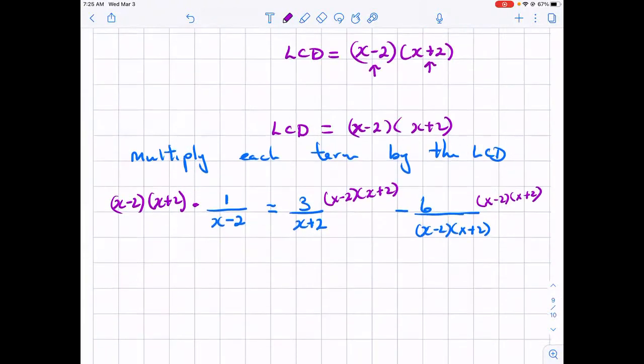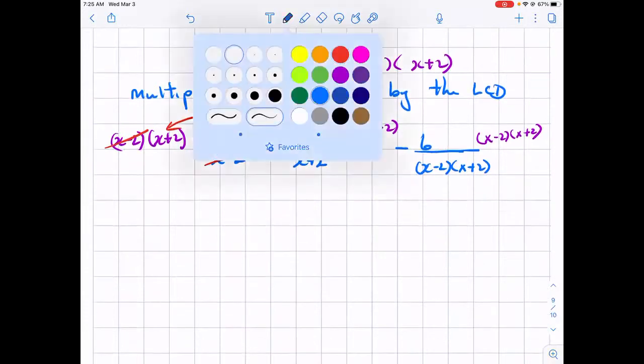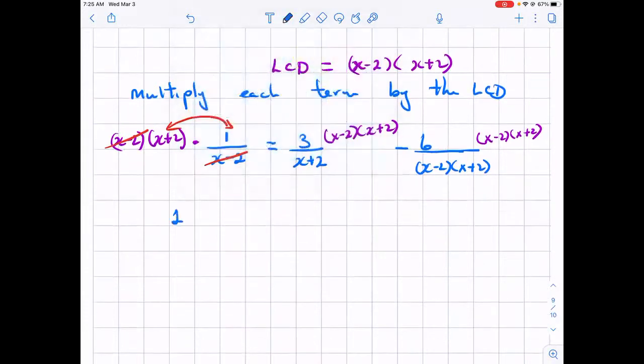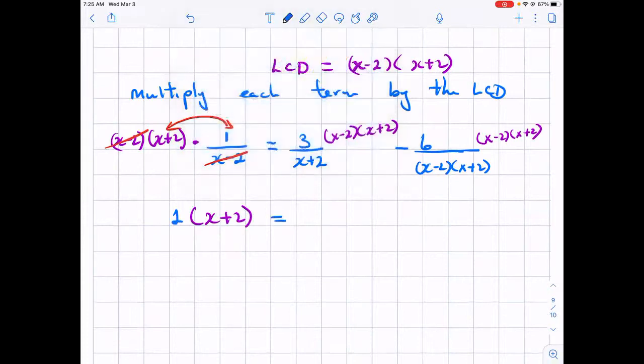Okay. Now, as you multiply this, you will observe that the x minus 2 cancels with the x minus 2. So you're left with x plus 2 times 1. Okay. We're left with 1 times x plus 2. And that is equal to, notice in this scenario, the x plus 2 will cancel with the x plus 2.